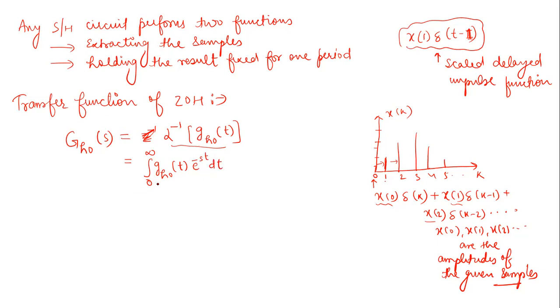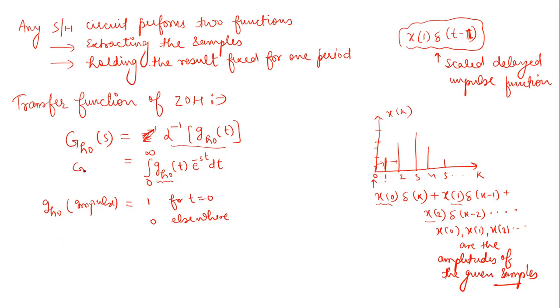Now we also know that this particular function exists only for the zero sample, elsewhere it is 0. So GHO is the impulse function. It is 1 for t equal to 0 and 0 elsewhere, right?